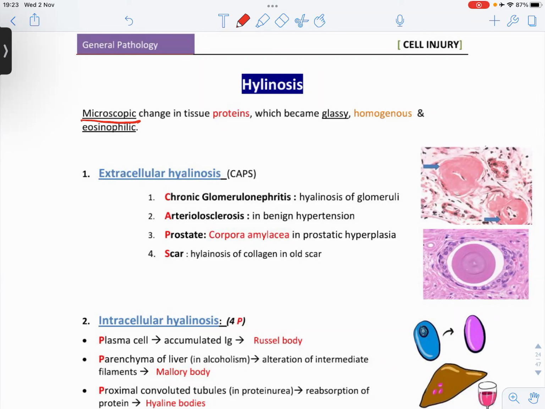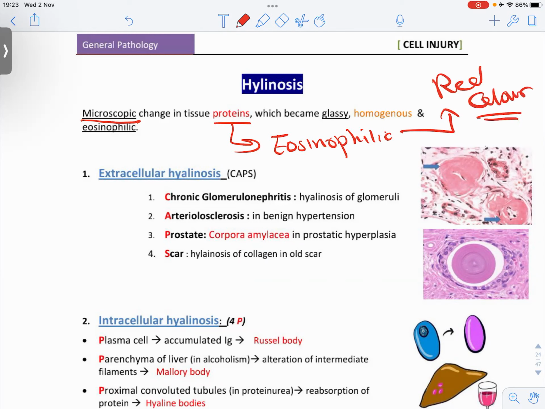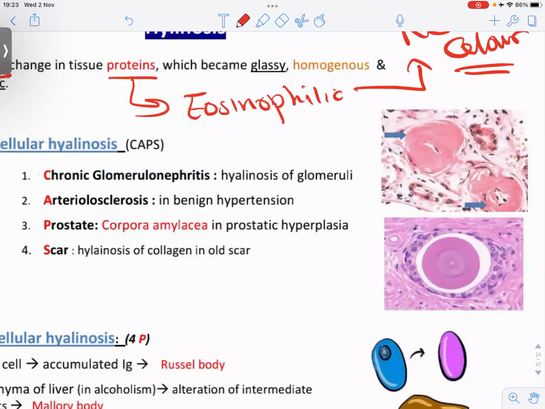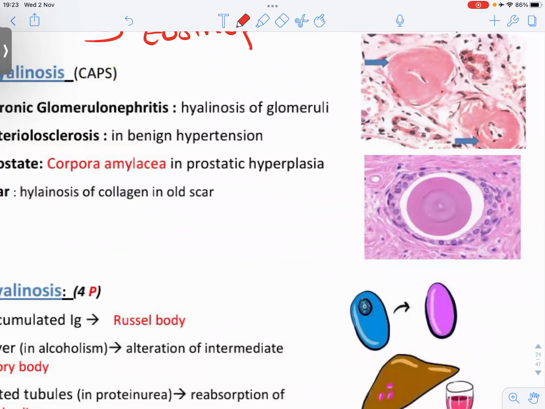It means that the protein starts to be accumulated, and we know that protein is eosinophilic. Eosinophilic means red color under microscope. So the hyalinosis will be red or pink in color.